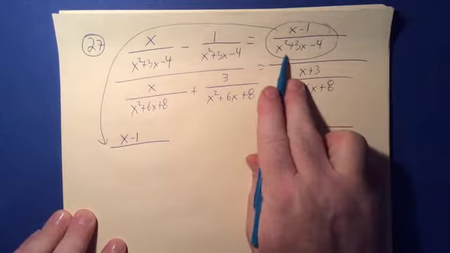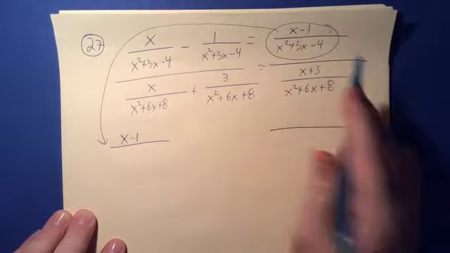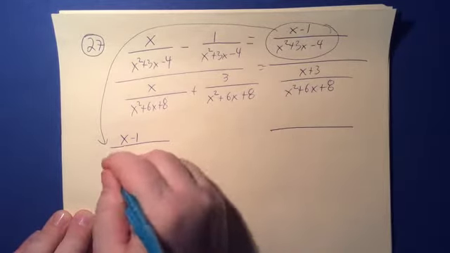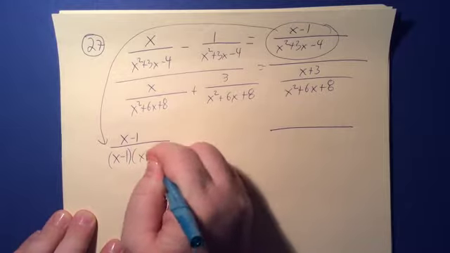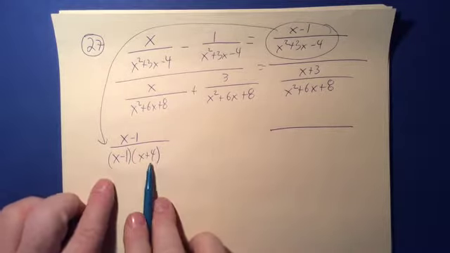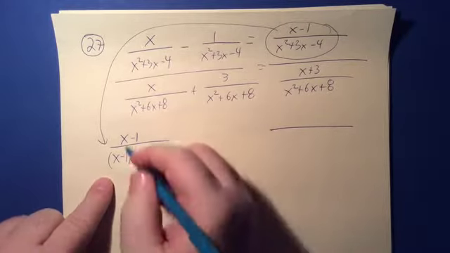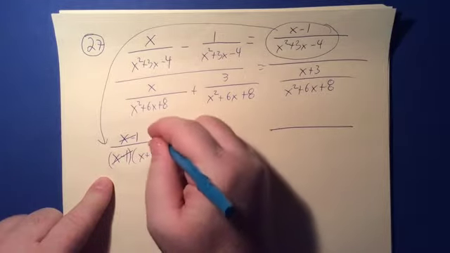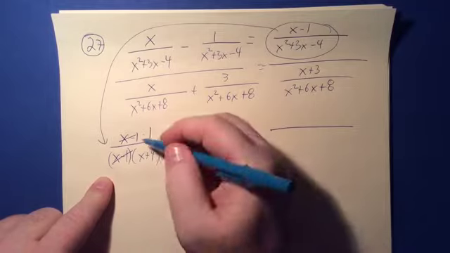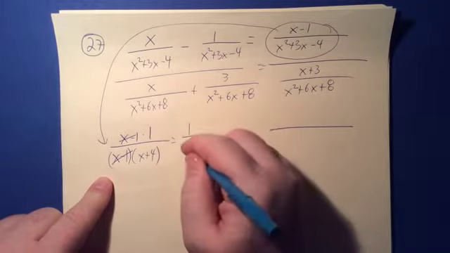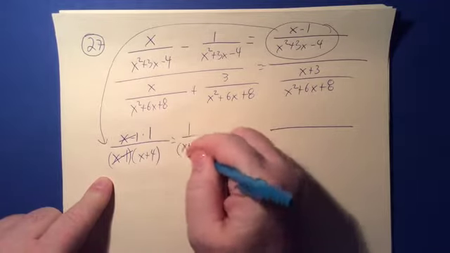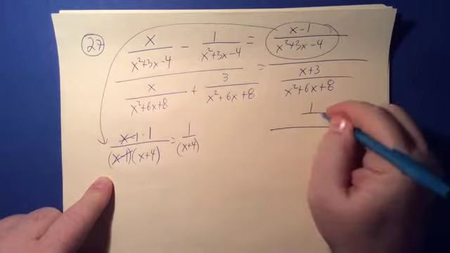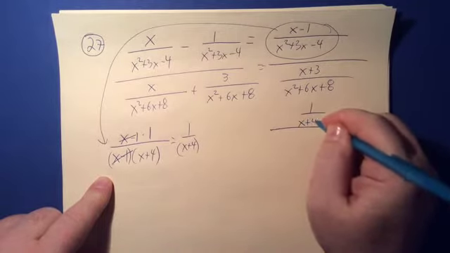However, I can write x squared plus 3x minus 4 as x minus 1 times x plus 4. So when I look at this now, I see, hey, I can reduce these x minus 1s, and that's going to leave me with simply a 1 on top. So now I can write the numerator of the complex rational expression as 1 over x plus 4.